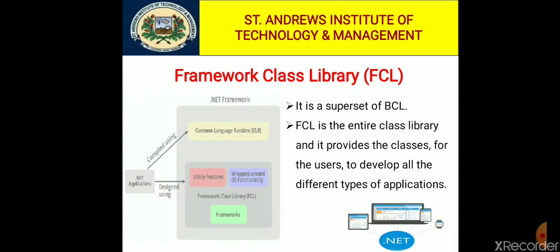It is an expanded set of libraries including WinForms, ADO.NET, Language Integrated Query, Windows Presentation Foundation, etc. The FCL is much larger in scope because it is a superset of the base class library, and it contains a large number of classes, objects, etc. So the framework class library is much larger in scope than standard libraries for languages like C++.